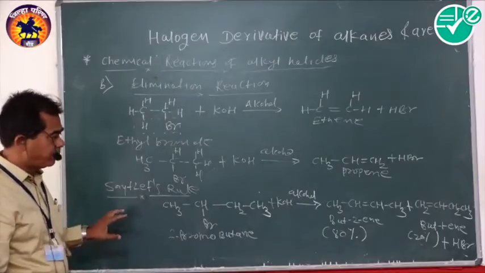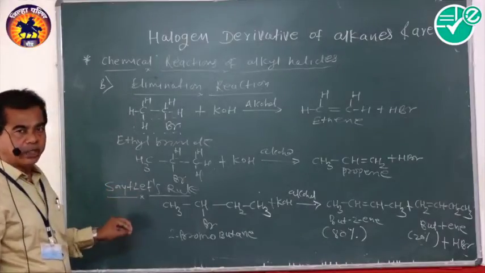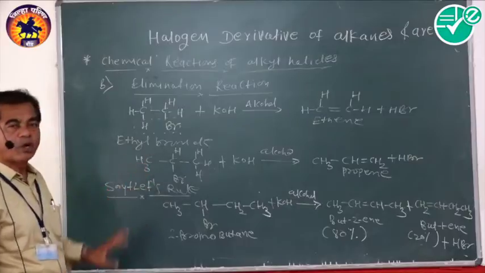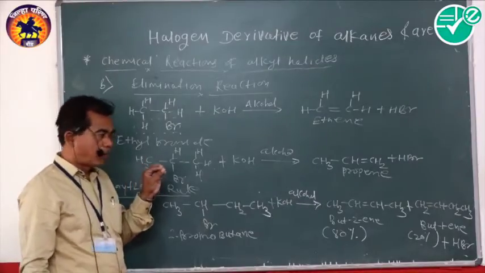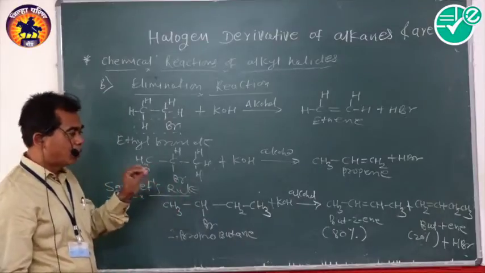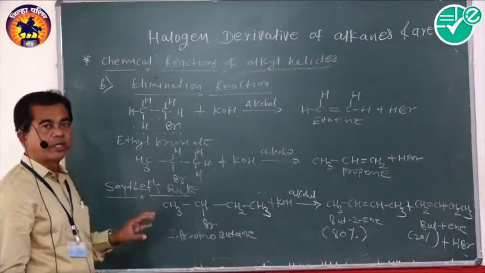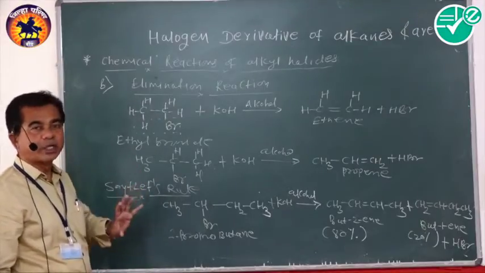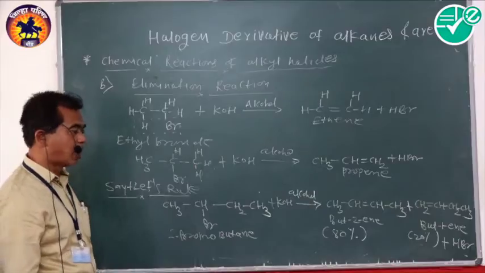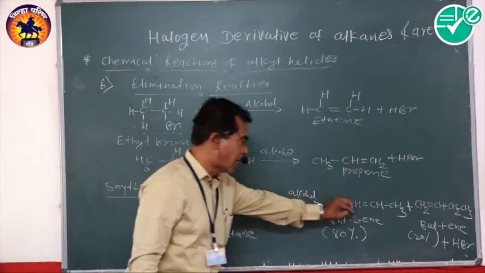What does it state? It states that during elimination reactions, the major alkene product is the one that is highly substituted, that is, the one in which more alkyl groups are attached to both sides of the double-bonded carbon atoms.